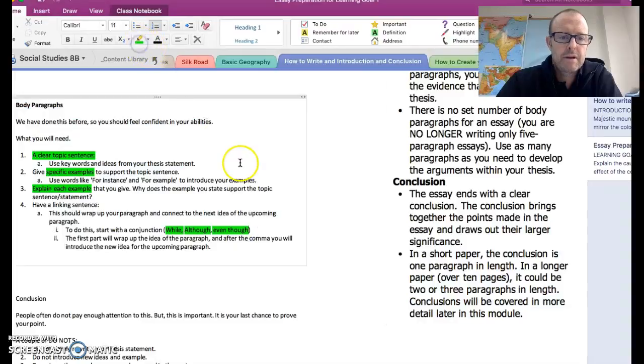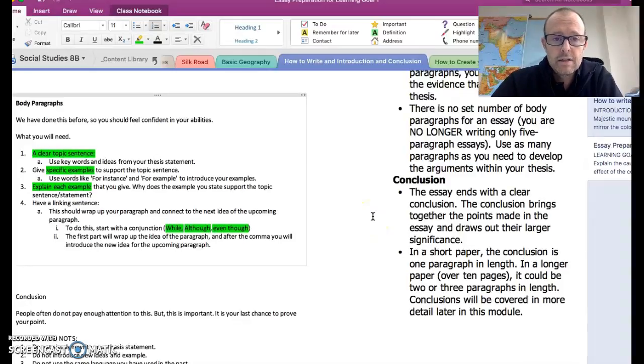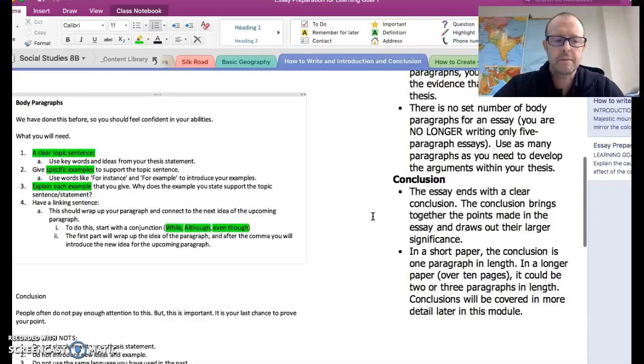For example, I didn't write one for this one, but I could say that while opium use spread and created addiction amongst the peasant population in China, it did provide some Chinese with a source of wealth due to the smuggling and trade of the illegal good of opium. And so then the next paragraph would be about the positive impacts and how people profited from opium.